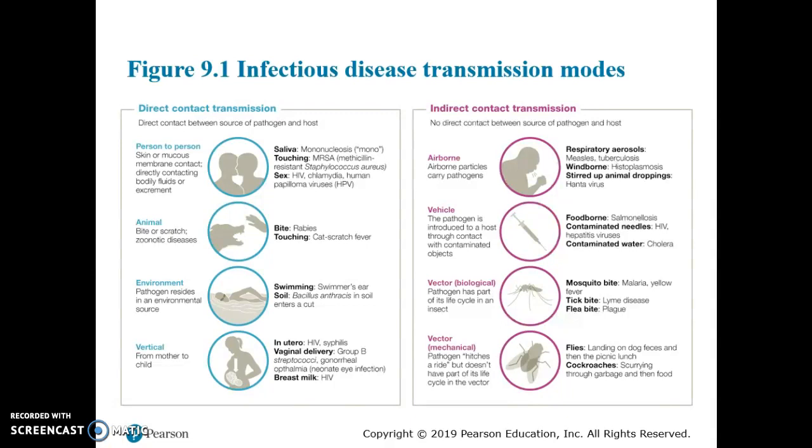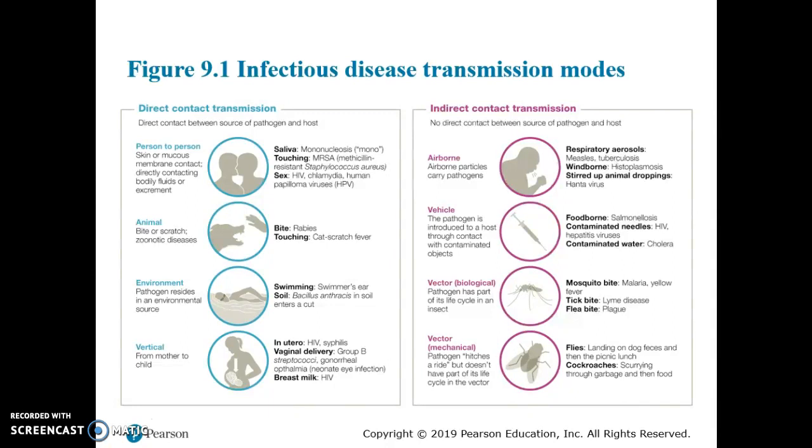All right, vehicle transmission. The pathogen is introduced to a host through contact with contaminated objects. And what you're shown here is a needle, but it can be food, it can be contaminated water, that the organism is basically hitching a ride with some other material. Then there's a vector, and the vector is going to be a live material that transfers the organism.